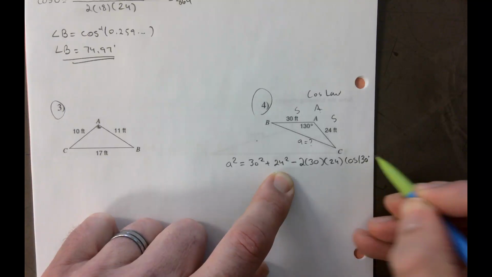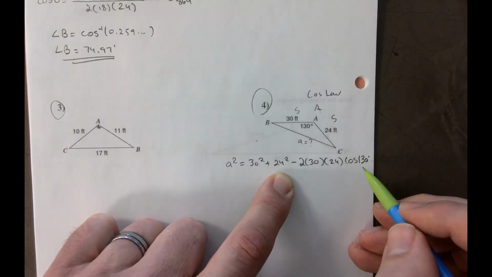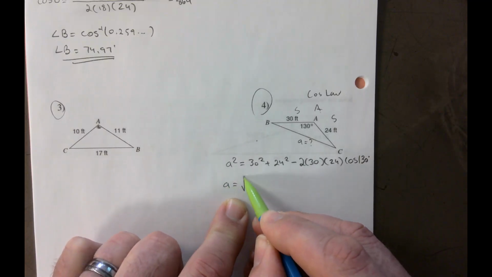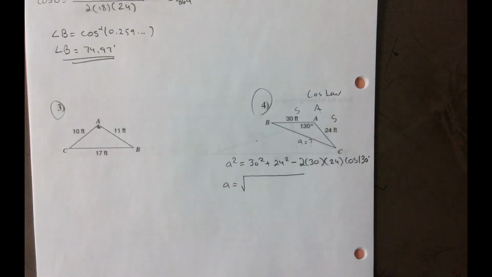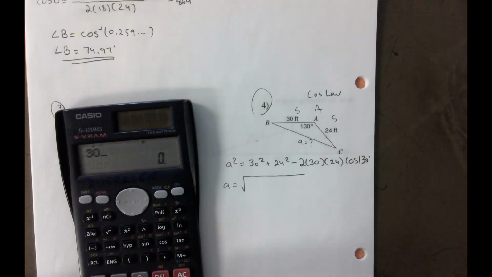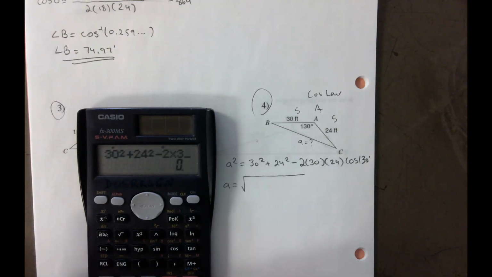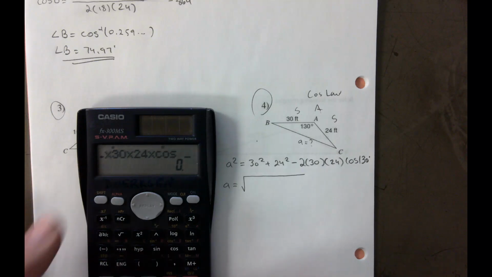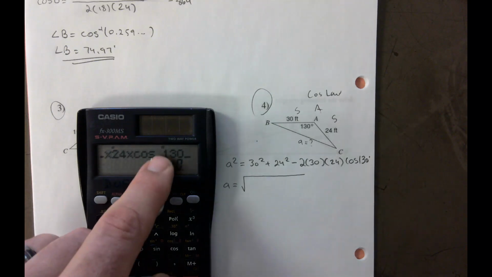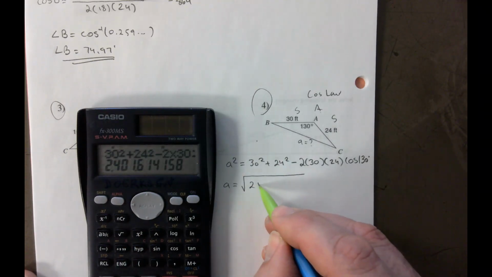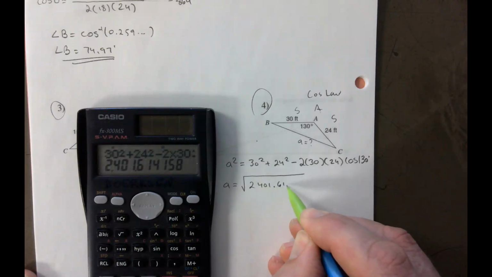And this is where if you don't have a calculator that allows you to type in everything, you're going to be in trouble. So let's do this. Get the calculator out of the way, right? 30 squared plus 24 squared minus 2 times 30 times 24 times cosine of 130, set to degrees, right? That's another thing you need to watch out for. 2401 and something.